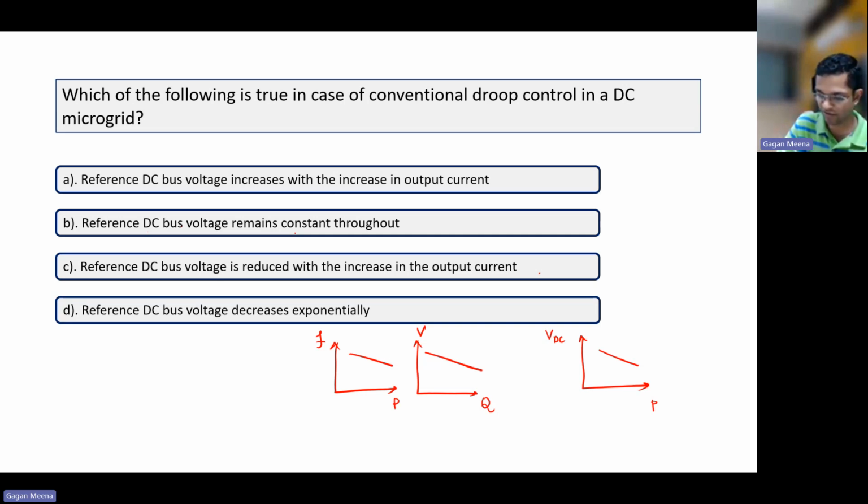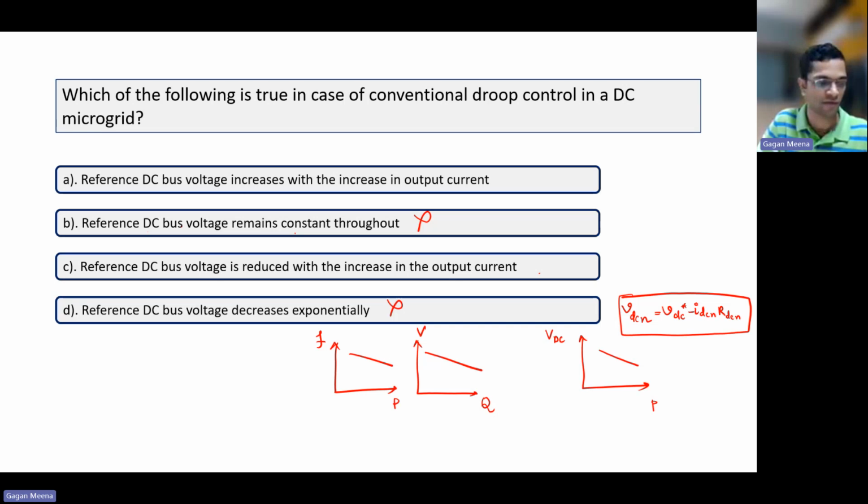Exponentially is not possible because there is a linear relationship between current and voltage, right? This is not correct. This is also not correct. If the reference DC bus voltage remains constant, how are we going to control it? There is no question of control. So this is also not correct.